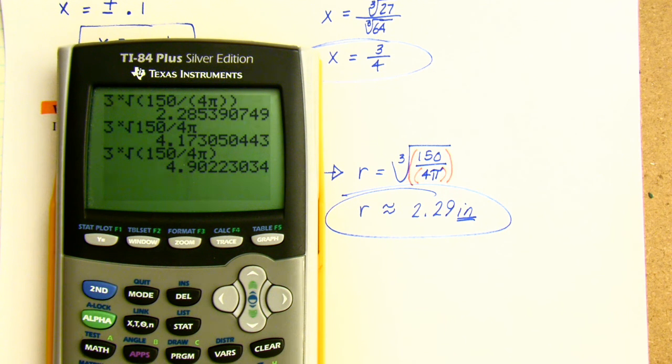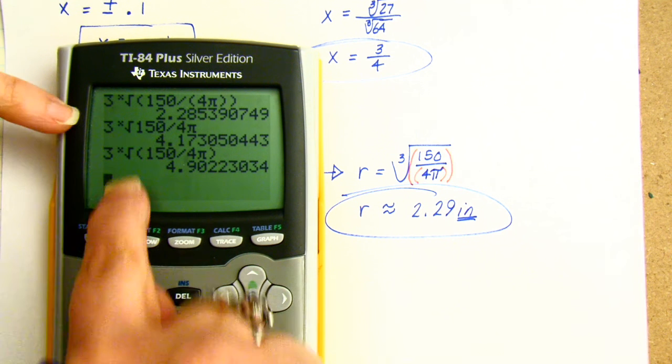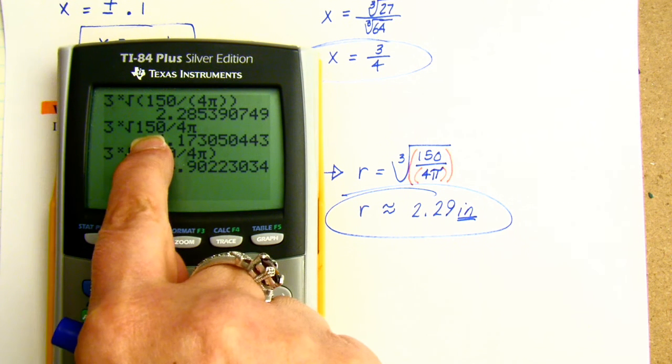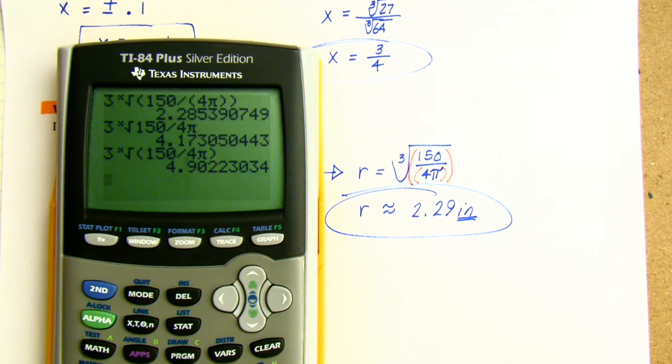The first answer is the correct answer. You're telling the calculator, take 150 divided by the product of 4 times pi. Once you find that, then take the cube root of that. Here this is saying take the cube root of 150 and divide it by 4 pi.